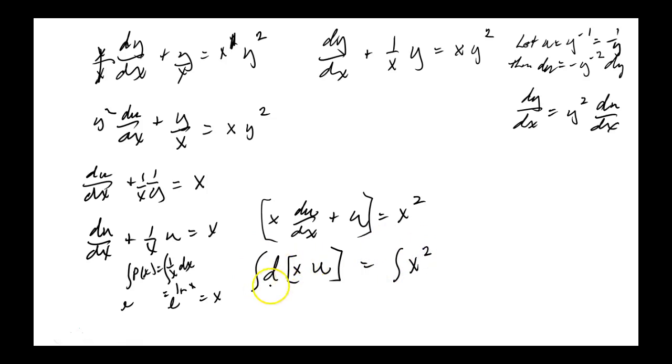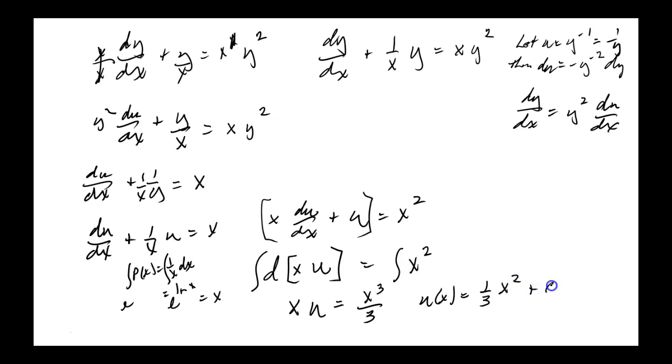Okay? Well, this is x times u is equal to x cubed over 3, and then you divide both sides by x. U of x is equal to 1/3 x squared.